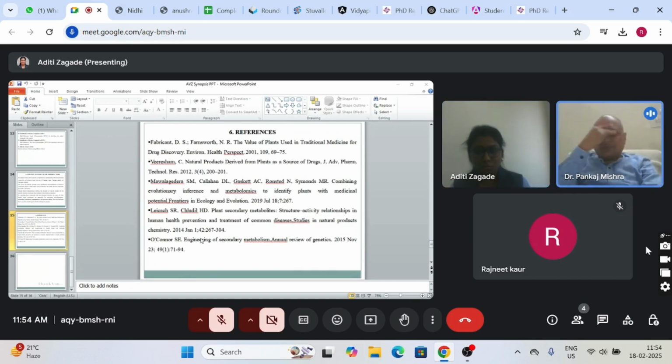How will you conduct your experimentation and where will you conduct all those experiments, like chromatography, etc.? Sir, the chromatographic technique will be conducted in my college. I am working as an assistant professor in a pharmacy college. HPLC and UV are available, sir, in our college.